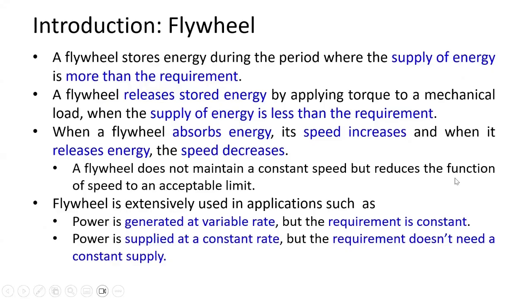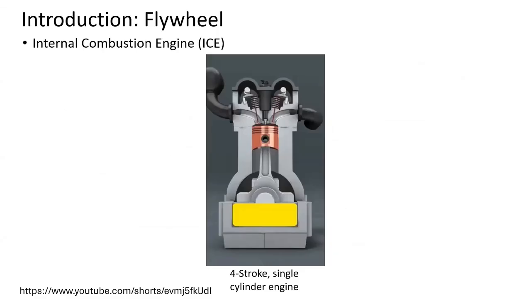So we can go through the physics and you will understand how it is done. Now, since we started our discussion with the two-wheel tractor with a single cylinder, 4-stroke diesel engine, let's first look at what's going on inside an engine.